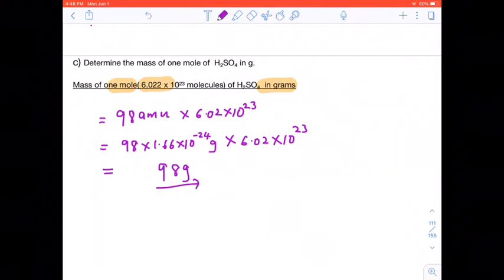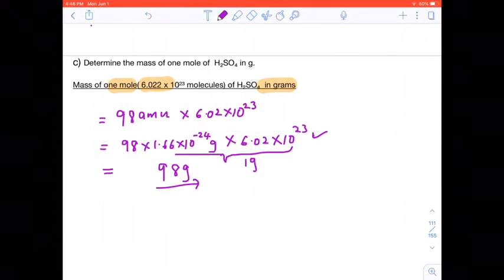If you multiply this whole thing out, you're going to get 98 grams. And the reason is that if you multiply 1.66 times 10 to the minus 24 by 6.02 times 10 to the 23, you get 1 gram. And therefore 98 times 1 gram is 98 grams.